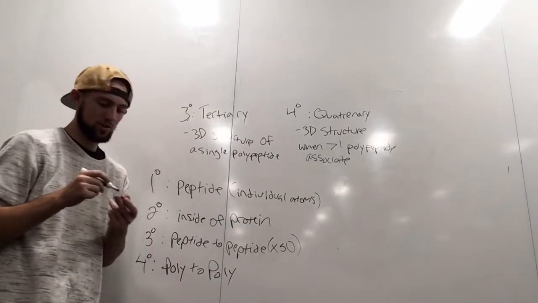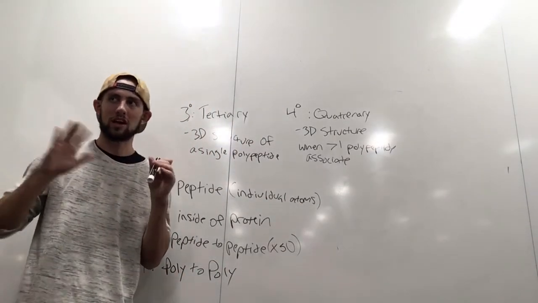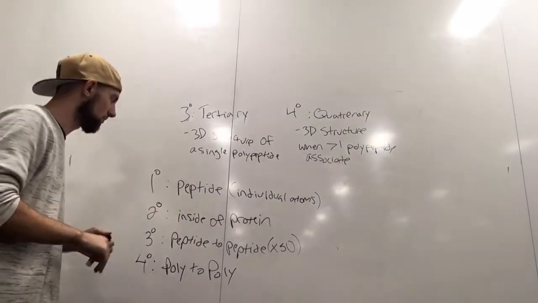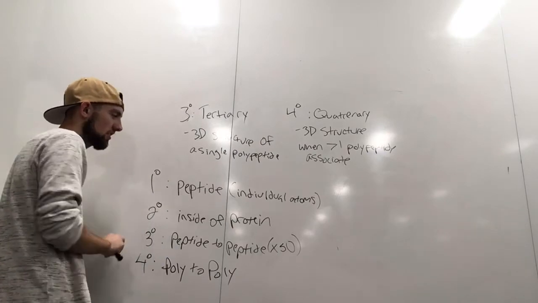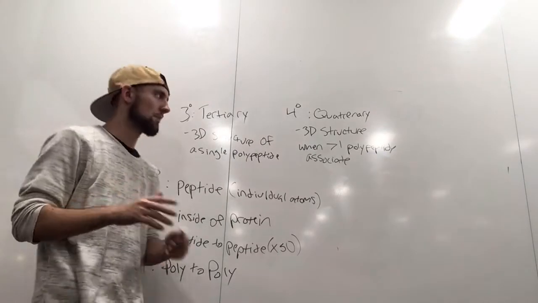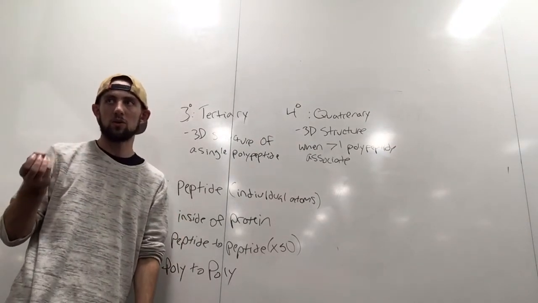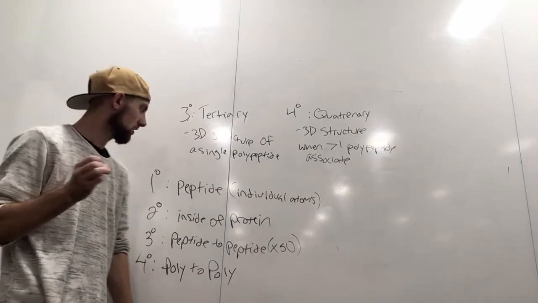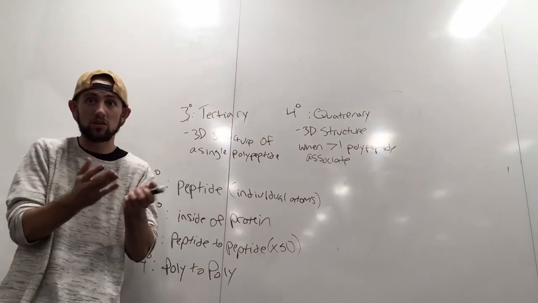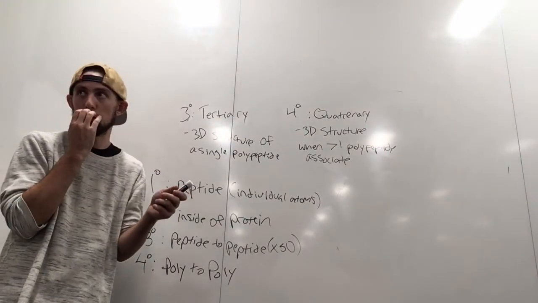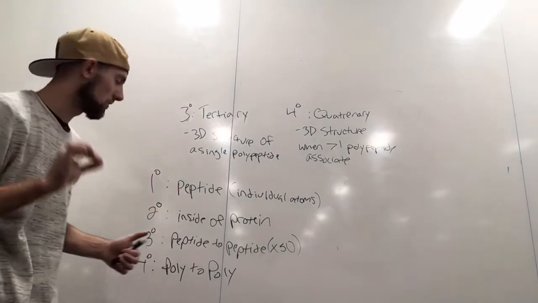Okay. So in case any of that was really confusing, primary and secondary are the formation of an amino acid, the individual atoms and the hydrophobic areas of the amino acid.